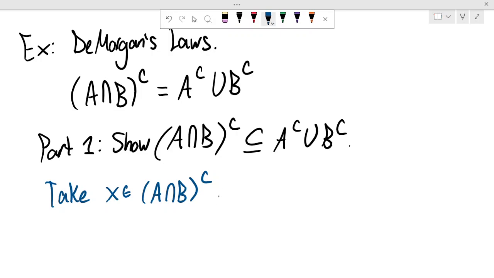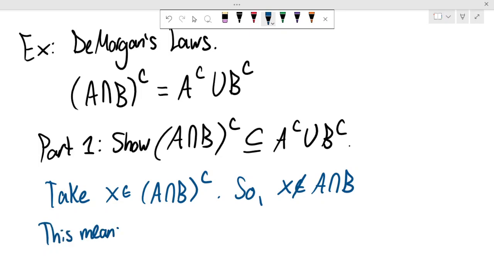Okay, so let's just say x is not in A intersect B, right? So this means either x is not in A or x is not in B, or both, right?